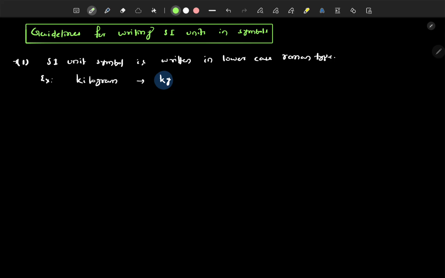Then come to the second point. Second guideline: unit names are never capitalized.